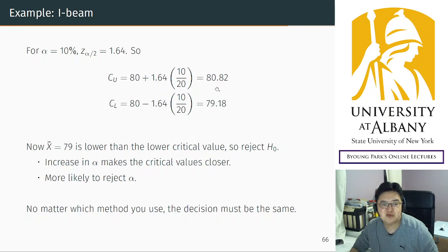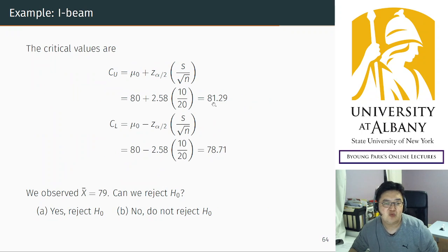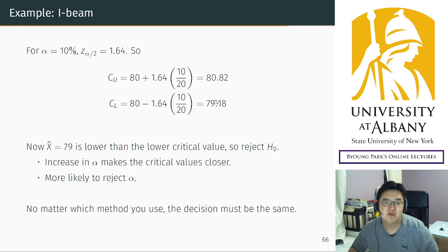And as a result of the change in alpha, now the allowance is much smaller. Earlier at 1%, we allowed plus minus 1.29, but now we allow only plus minus 0.82. 0.82 is the maximum margin we accept.